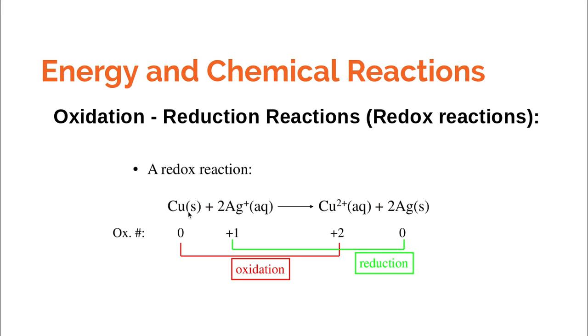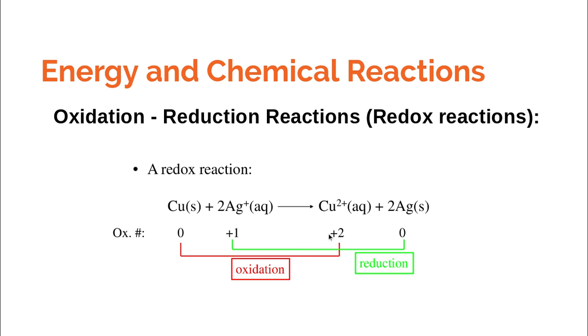So we have solid copper in liquid water that has silver ions floating around. As you can see on our products, now copper is the one that has a charge and is in water, aqueous. And now silver is a solid. It's no longer floating around in the water.